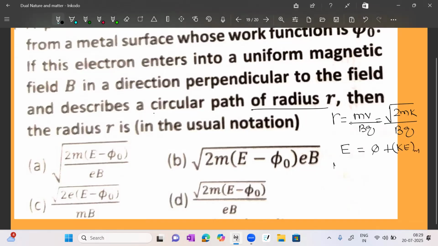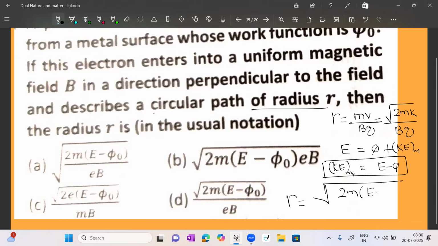So I want KE max equal to E minus phi. Then r is equal to root 2m(E minus phi) by eB. We want the root outside, so option 4 is the correct answer. Right? Next.